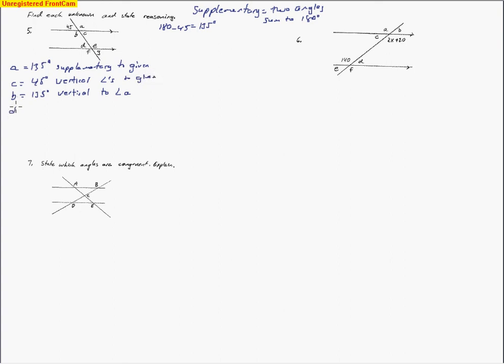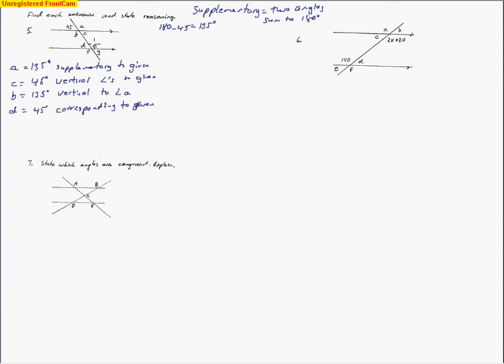And then we'll go on to D, and D is, we'll go with corresponding, and it is 45 degrees, corresponding to the given angle. So if you look right up here, 45 and D are on the same side of the transversal, both above the parallel line.